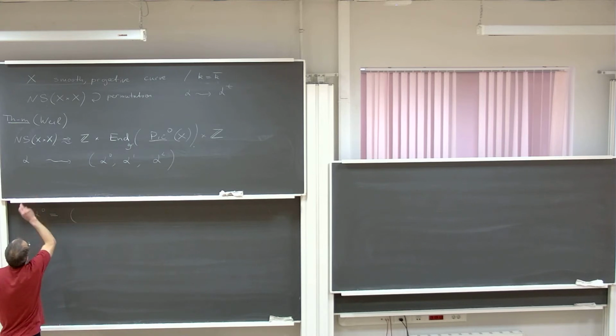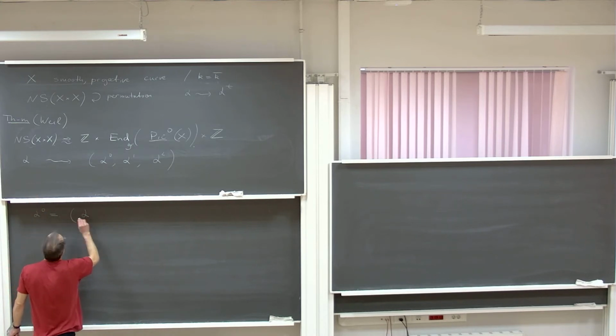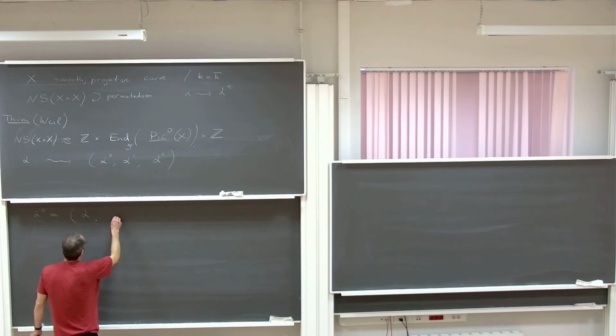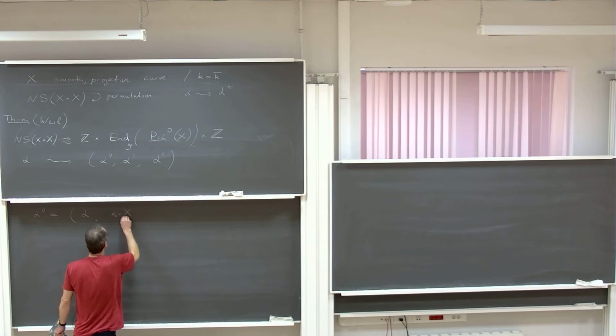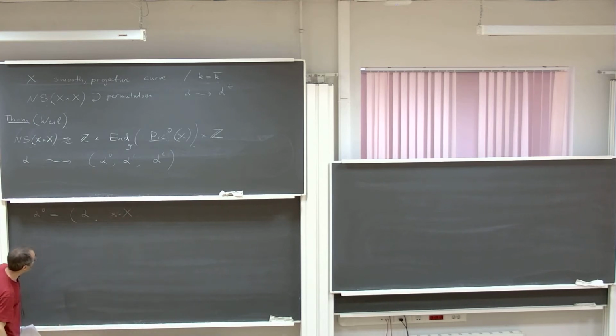So I can take a cycle on X times X, and I can intersect it with X0 times X, where X0 is any point.